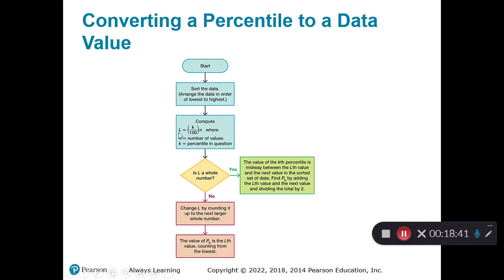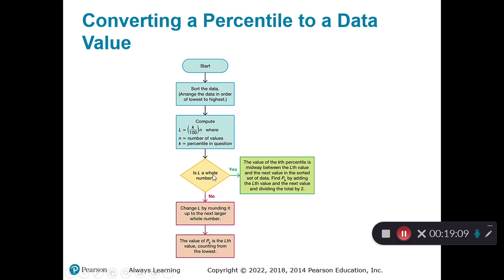Second, you're going to find the location of the data value that we're trying to find. That location L is going to have the following formula. You're going to take the percentile that you're trying to find, so that's going to be given in this case. Let's say you're looking for the 25th percentile, then K would be 25. Divide by 100, and then multiply by the number of values in your list, which is n.